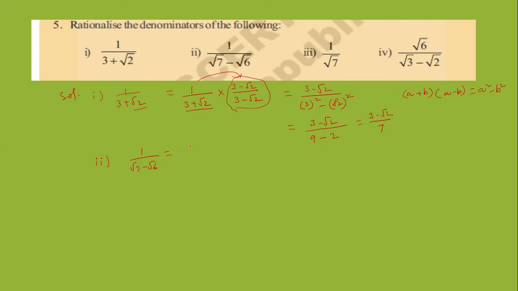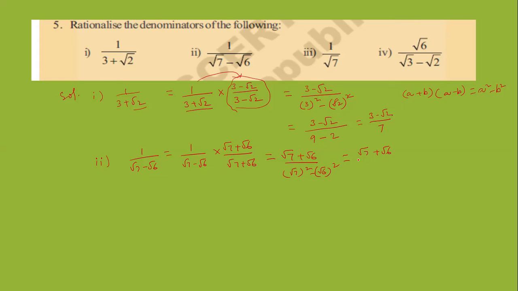1 by root 7 minus root 6. You may rewrite this as usual, what we did in the previous one, into root 7 plus root 6 by root 7 plus root 6. In the numerator, root 7 plus root 6 without any change. In the denominator, a minus b into a plus b, that is root 7 whole square minus root 6 square.